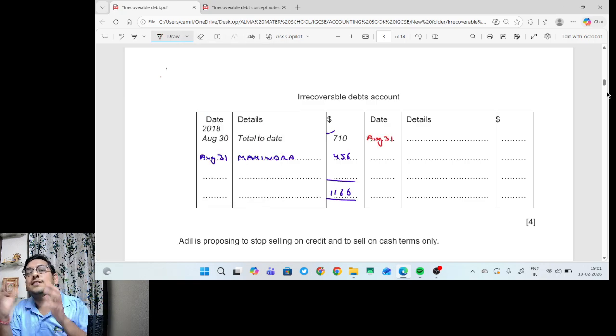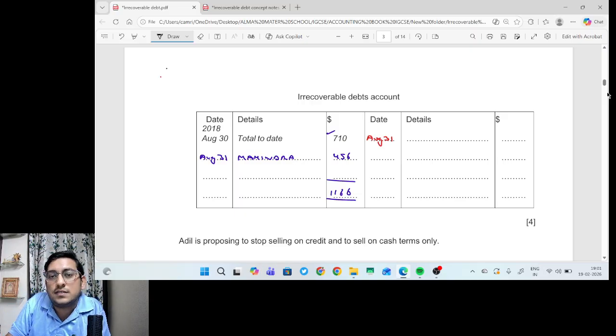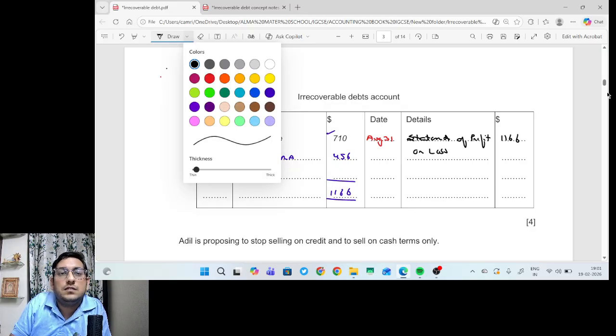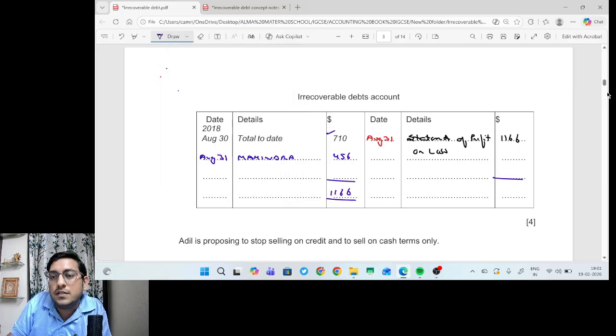Because all the losses and expenses finally transfer to statement of profit and loss. This 1166 will be transferred to statement of profit and loss.